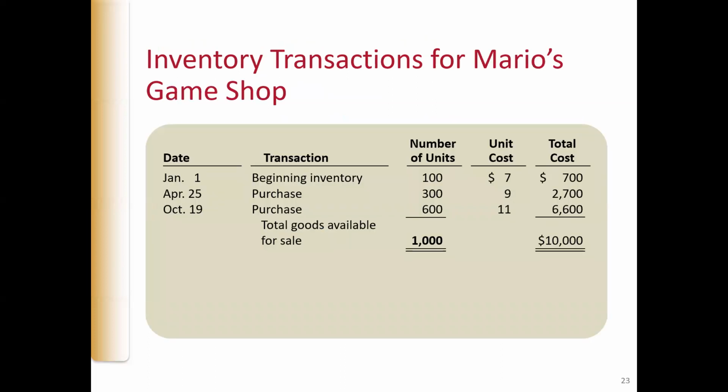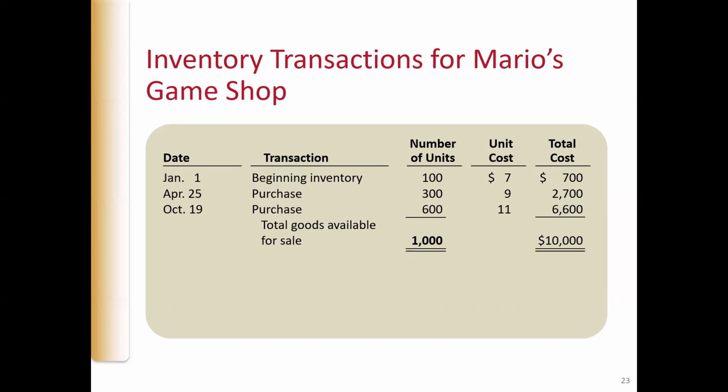So here we have Mario's Game Shop. This shows us we started the year with beginning inventory of 100 units. Then it shows that we purchased on April 25th, 300 units. And we also purchased on October 19th, another 600 units.